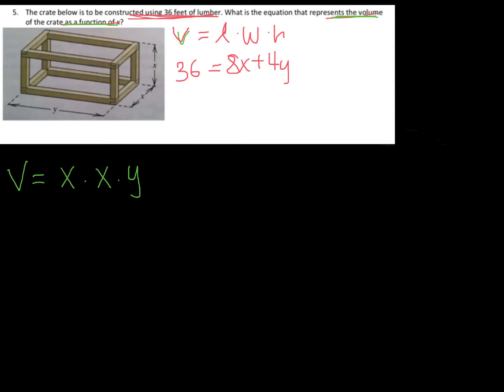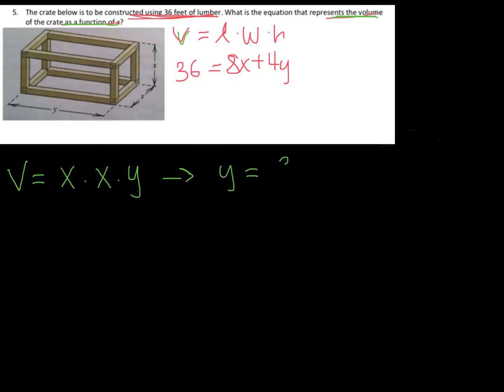The width is y. And so at this point we need to have a secondary plan. What's going to allow us, instead of having y here, to have something in terms of x? Well, now I've got to write y in terms of x. And what am I going to be able to use to do that? I have this other equation which has y and x involved, so I can isolate y in terms of x.